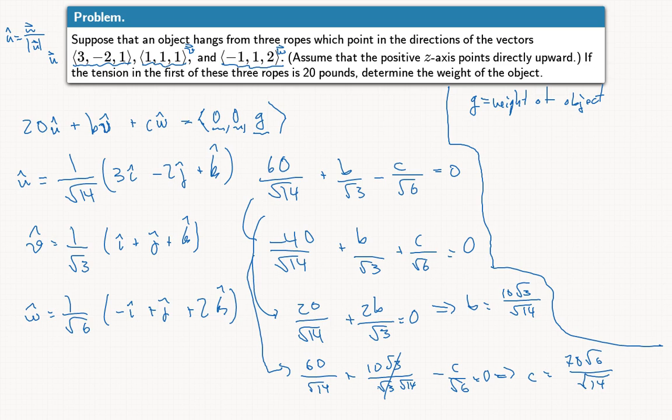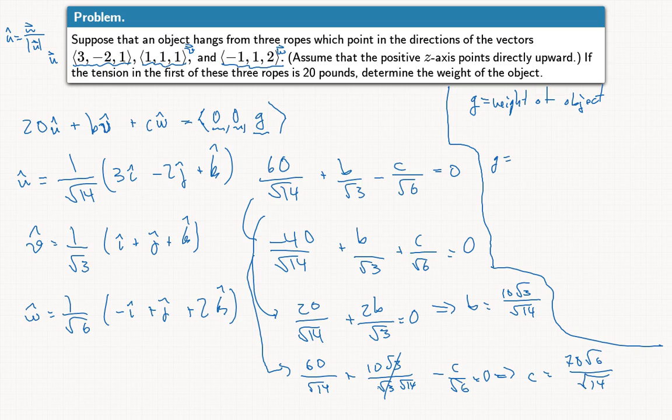So now to find the value of g, we just add up and look at what we get in the third component. So g will be, I'm sorry, let me back up.